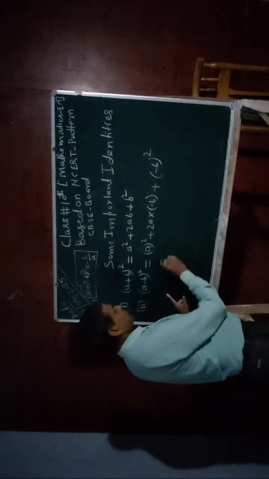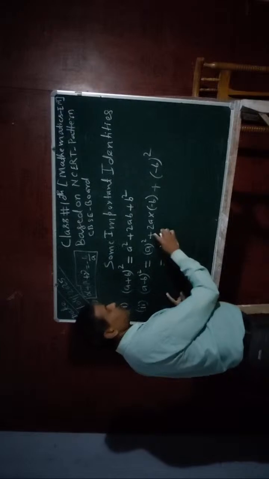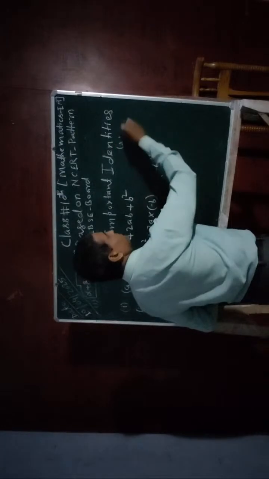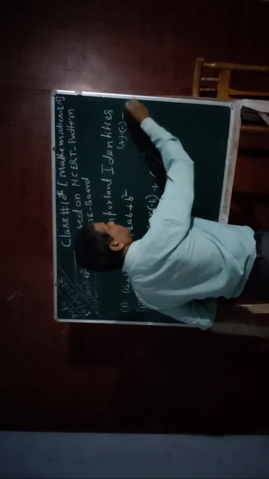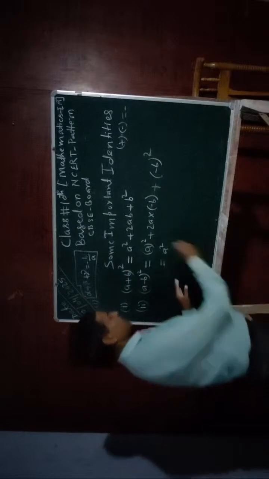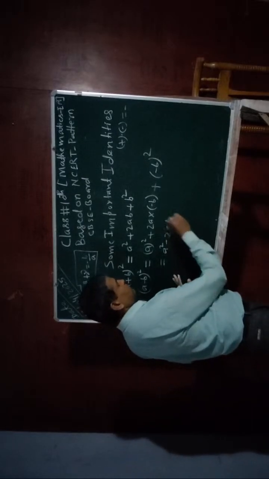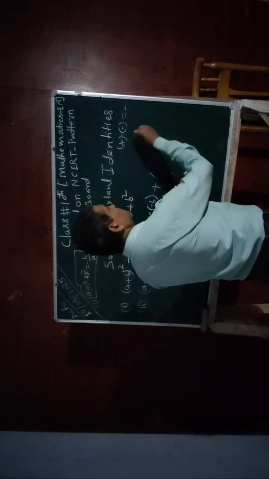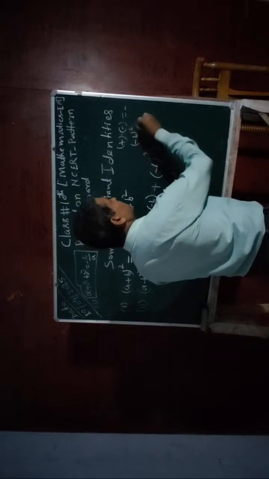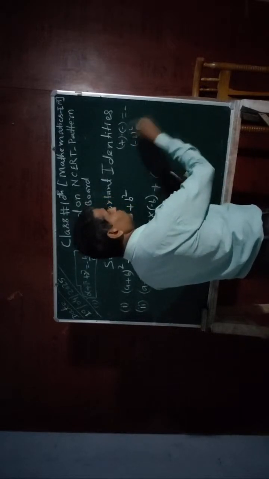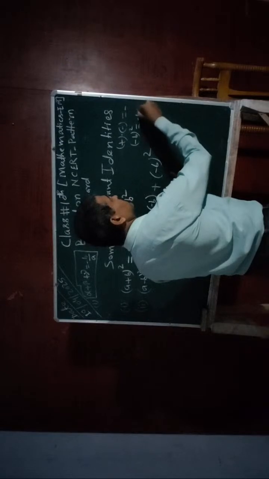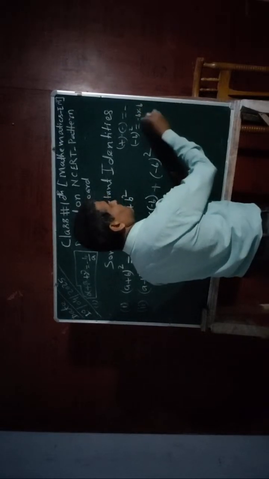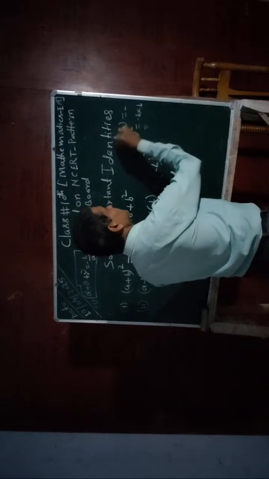Okay student, after simplification I will get a square. This is the plus sign and this is the minus sign. Plus multiplied by minus sign will become minus. So here I will put 2ab. Now minus b square is available; in the place of b I put minus b, so minus b into minus b, because minus into minus becomes plus.